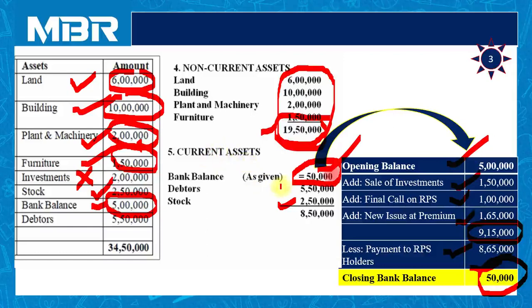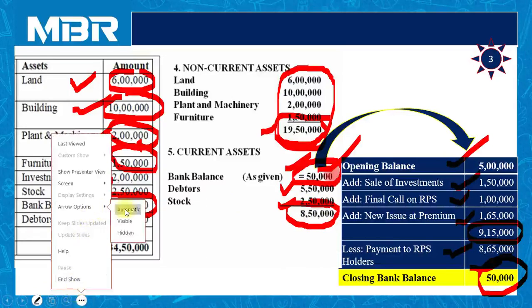And debtors 5,50,000. So closing balance of current assets: 50,000 rupees for bank, 5,50,000 for debtors and 2,50,000 for stock. Total current asset for the company is rupees 8,50,000.